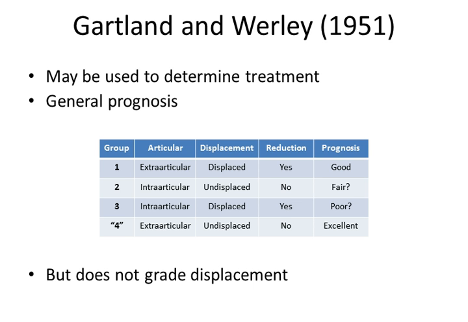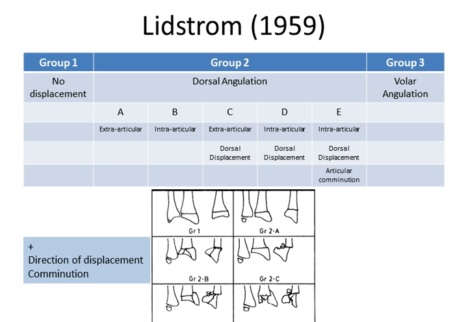The only question is how much displacement requires reduction. So group 1 and group 3 require reduction. Group 2 and group 4 no need because they are not displaced. And prognosis-wise, you can say that group 4 probably has the best prognosis, followed by group 1, 2, and 3.